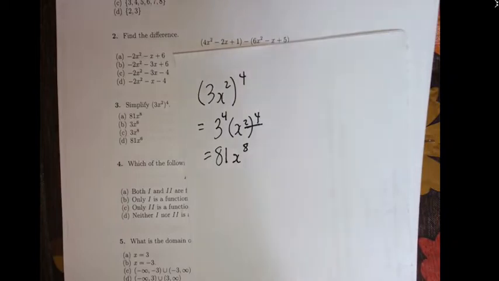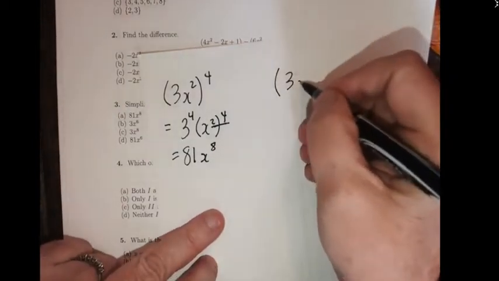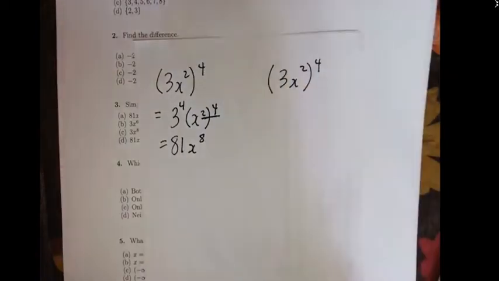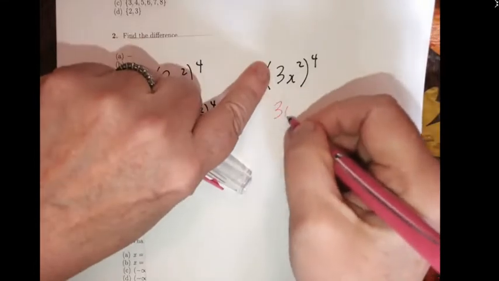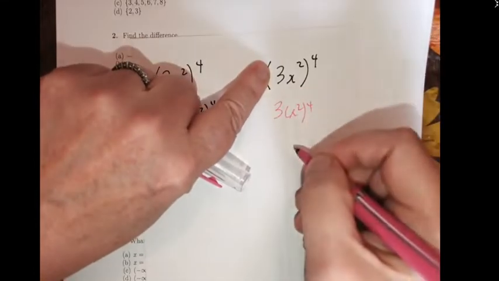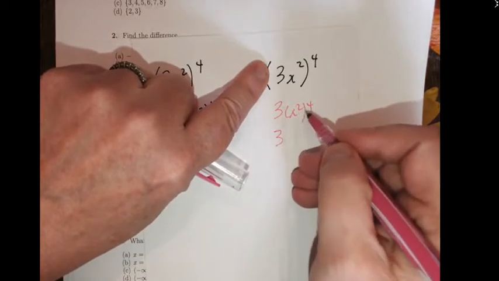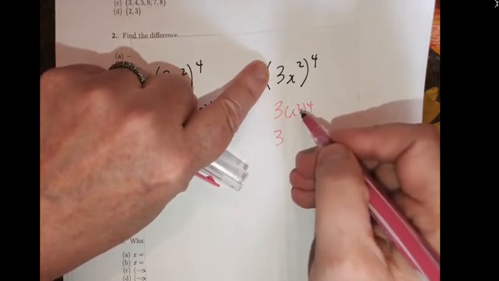So what's the common mistake that people make? The common mistake is people do not apply that exponent to everything. And they think, oh, it's going to be 3x squared to the 4th. And then they'll forget the rule that you have to multiply here, and instead add.